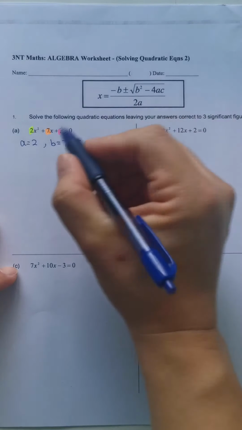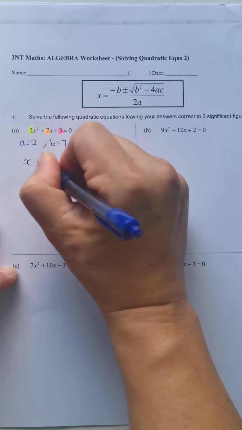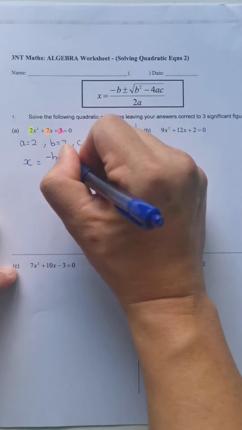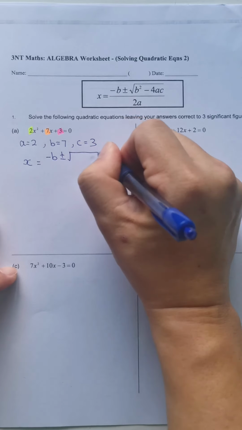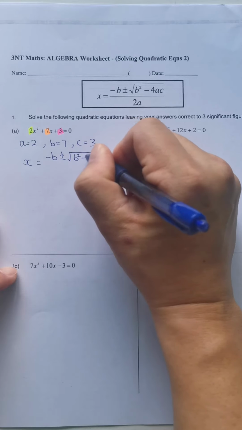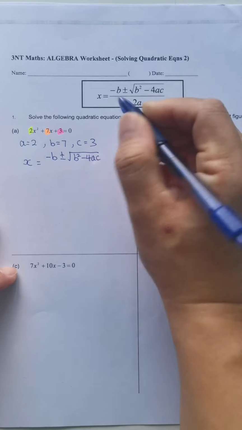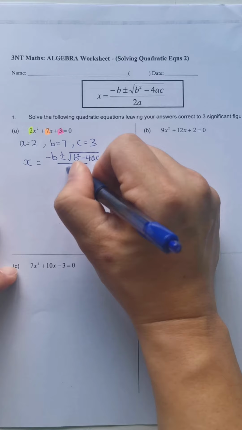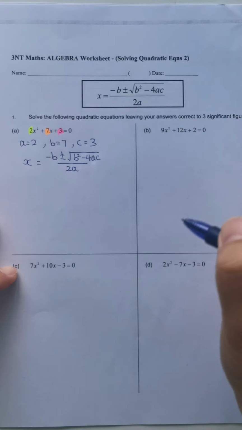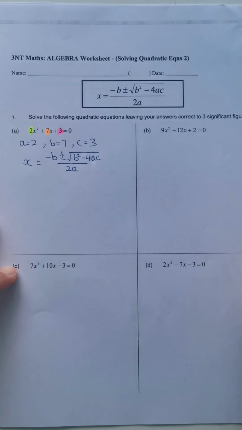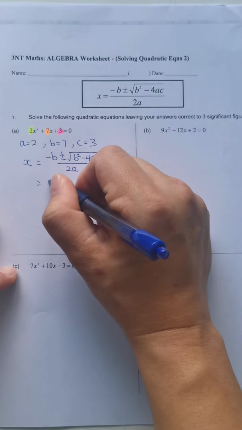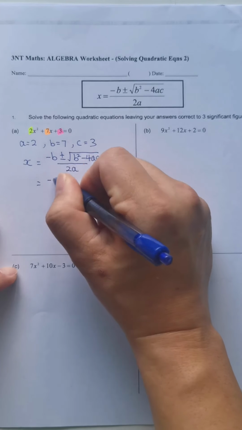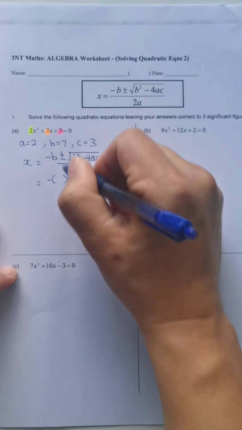Based on the formula, we know that x equals negative b plus or minus the square root of b squared minus 4ac, divided by 2a. Usually what I will do, and you can follow me, is write down the formula and leave each variable as a bracket first.